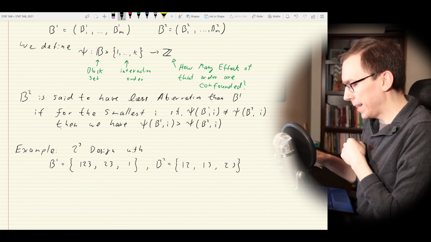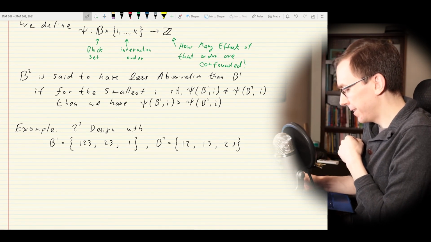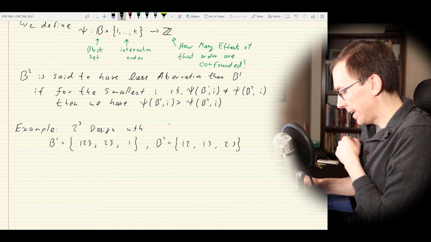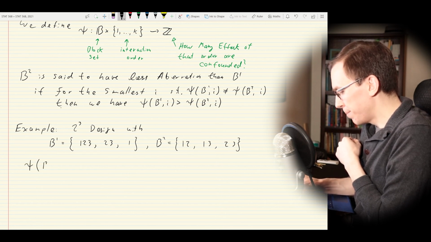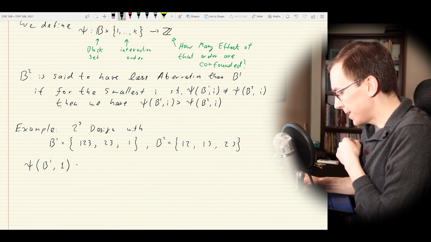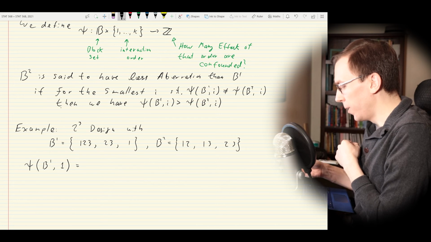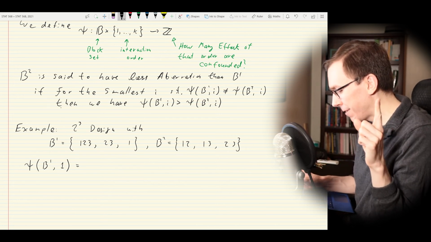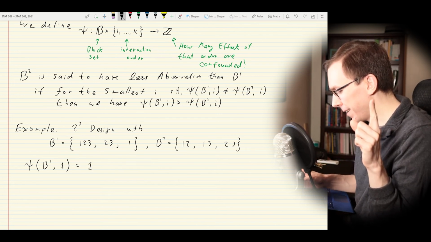So what aberration says is we start with, let's say, phi for block 1, for B1 at order 1. Here, block 1 confounds a single main effect, so we put a 1 there.